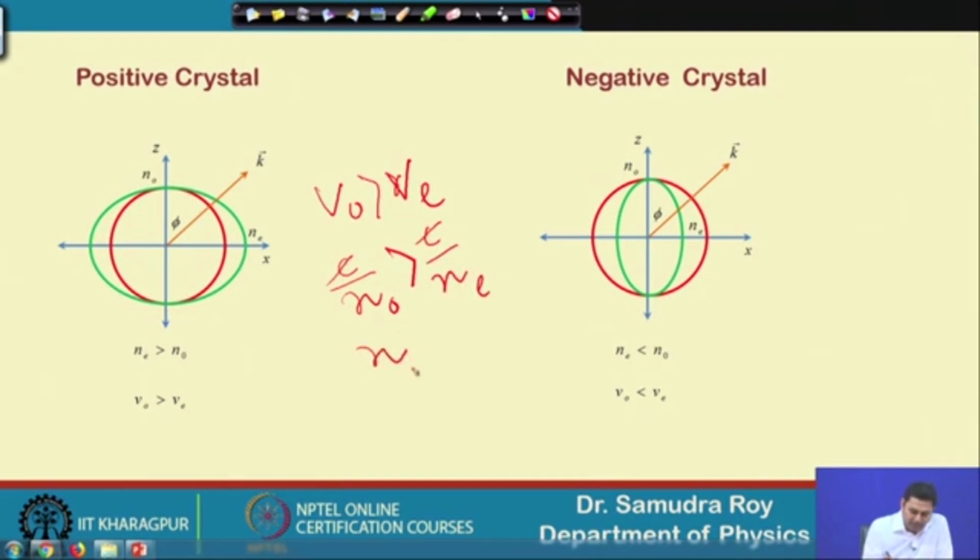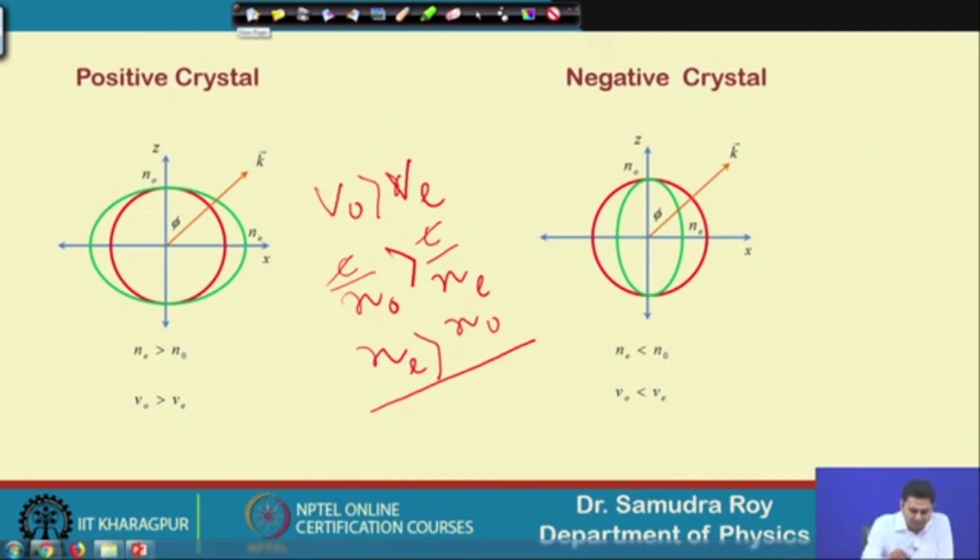So, NE should be greater than NO. That means in the positive crystal, the refractive index of the extraordinary wave is greater than that of the ordinary wave NO. So, this is the figure of a positive crystal.